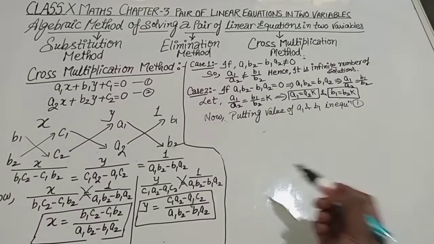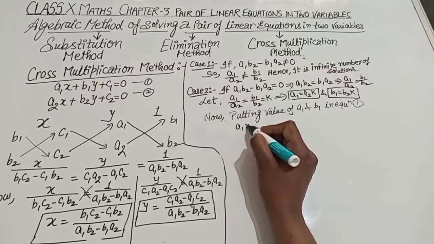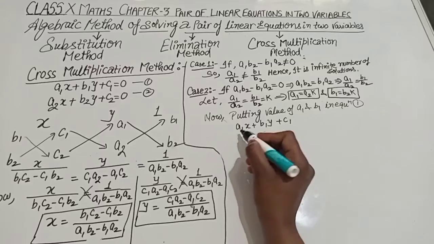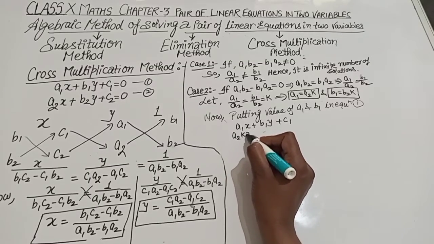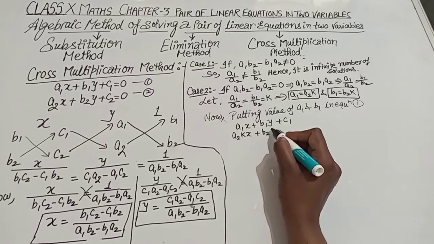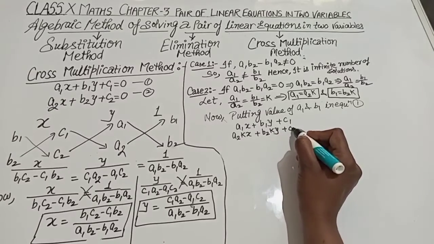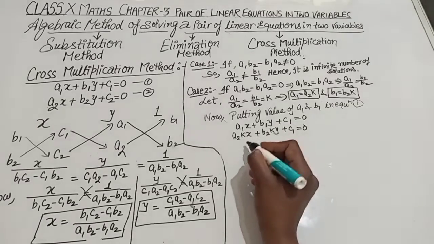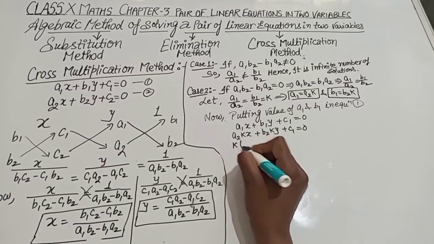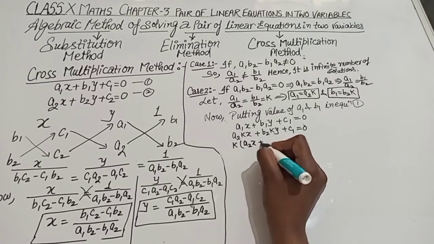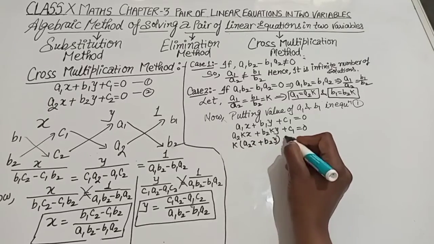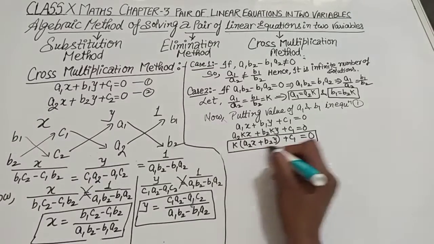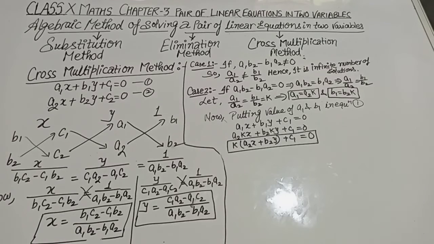In equation 1, a1 x plus b1 y plus c1 is equal to 0, so a2 k x plus b2 k y plus c1 is equal to 0, which gives k times a2 x plus b2 y plus c1 by k is equal to 0.